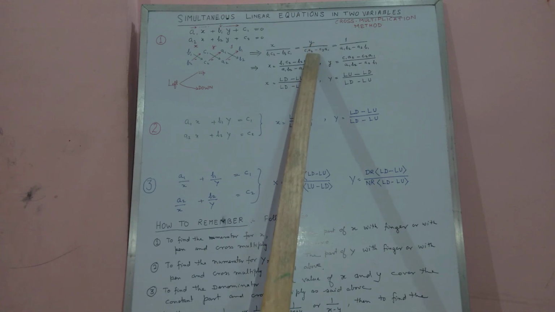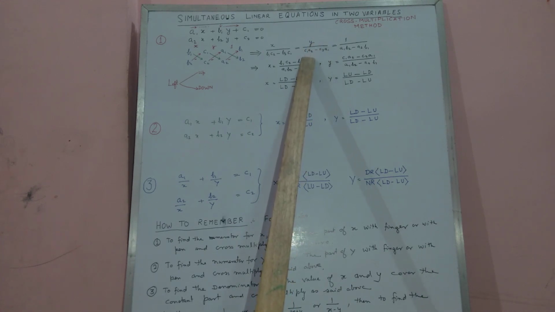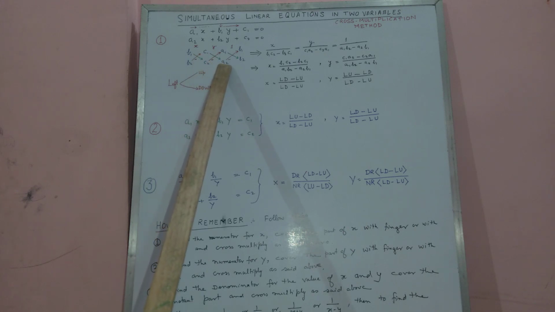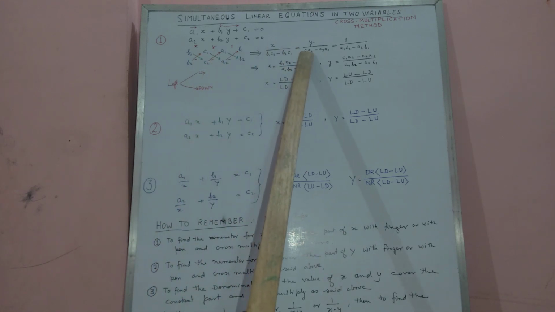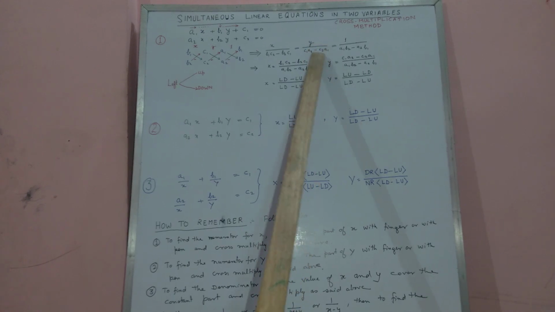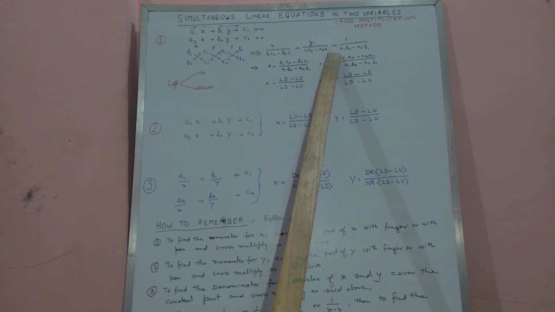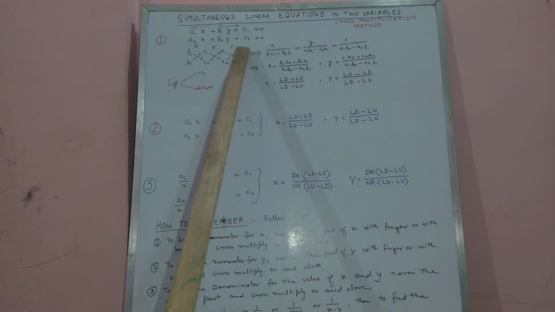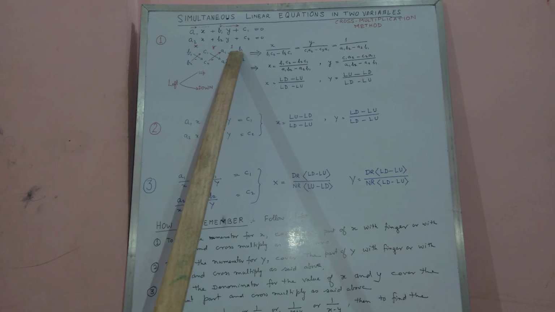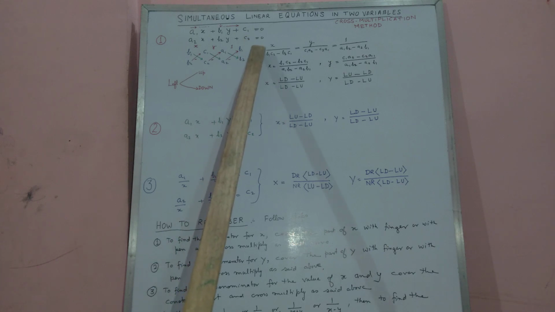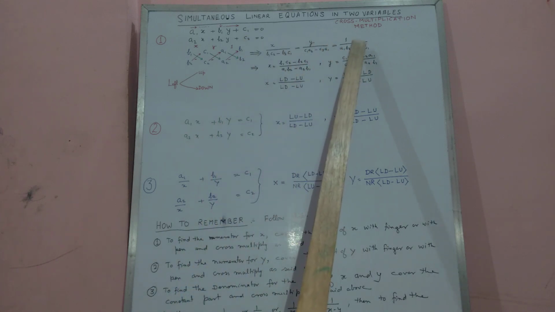After that, y upon, for y you see c1 into a2 minus c2 into a1. Similarly 1 upon, you see the last one, 1 upon a1 into b2 minus a2 into b1. You see here I have mentioned.